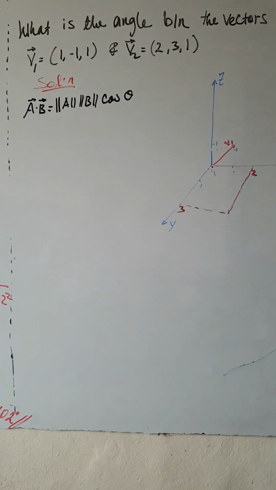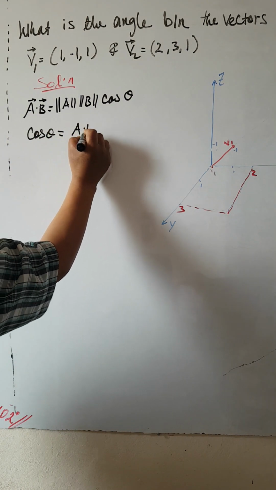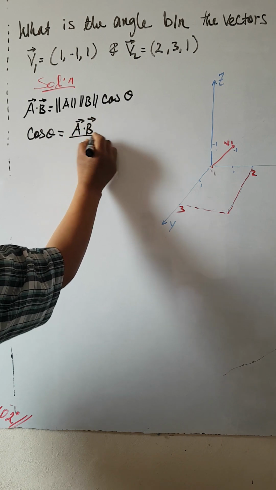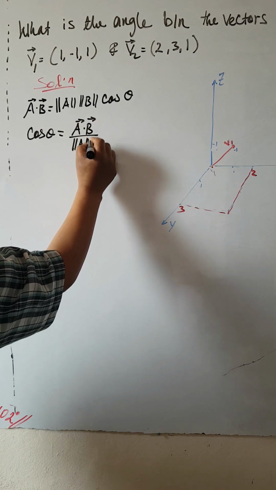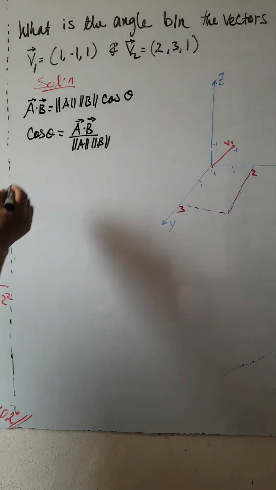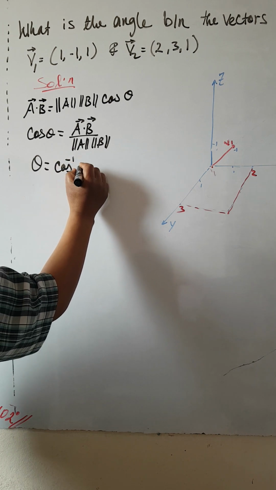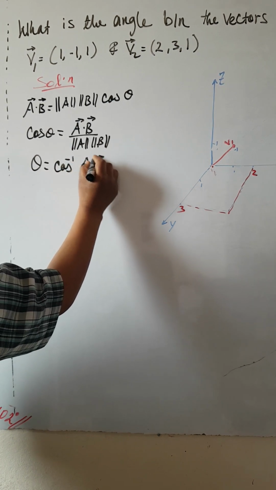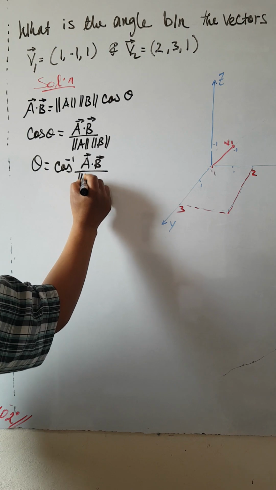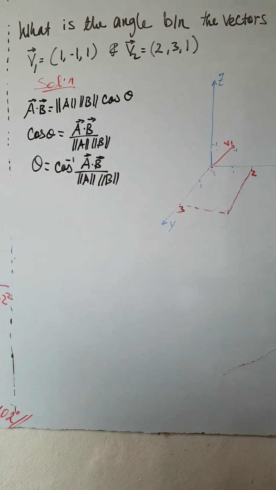So cos theta is equal to a dot b divided by norm of a times norm of b. Then theta is equal to cos inverse of a dot b divided by norm of a times norm of b, norm of vector b.